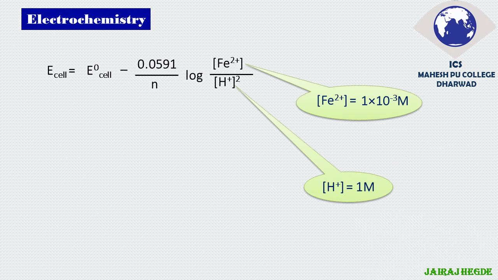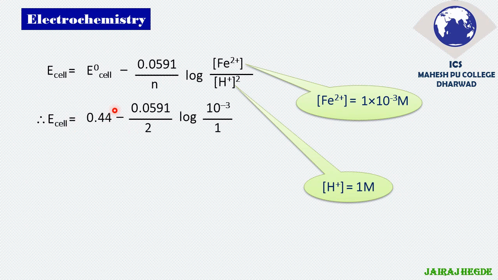E cell is equal to E naught cell minus 0.0591 by n into log of Fe2 plus. The concentration of Fe2 plus is 10 per minus 3 molar and the concentration of H plus is 1 molar, and n value will be 2. If we solve this, the E naught cell we have just found is plus 0.44 volt, n value is 2, and log of 10 per minus 3 by 1.